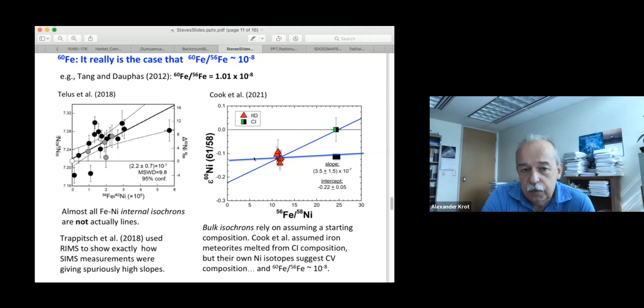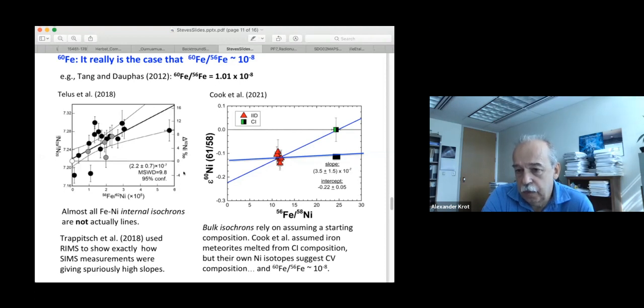And so the group that produced this data argues that it is a disturbed isochron, but it must have started with the high iron 60 to iron 56 ratio. And so they basically put the upper limit on the initial abundance of iron 60.